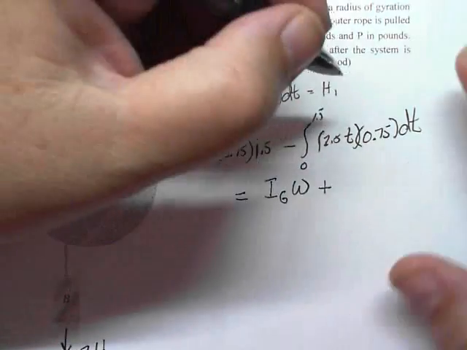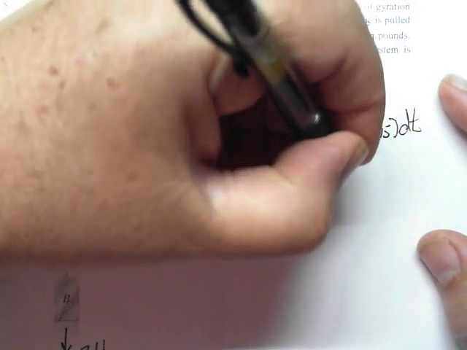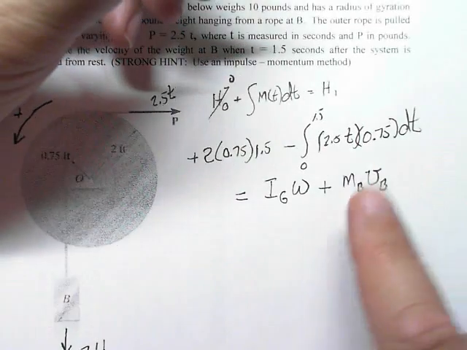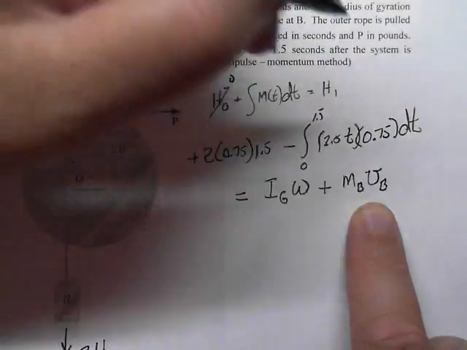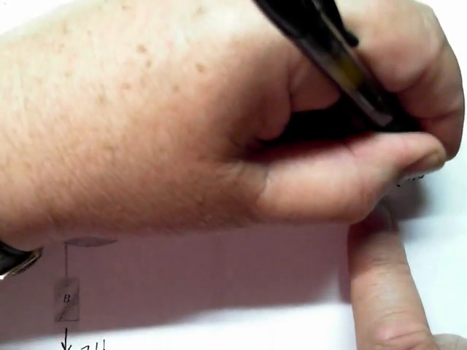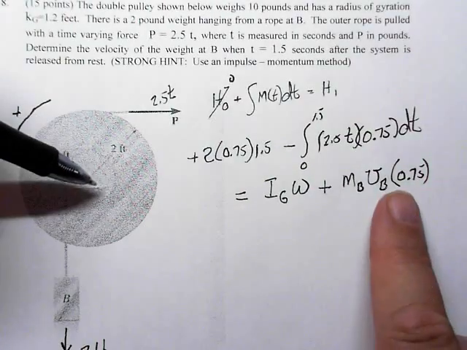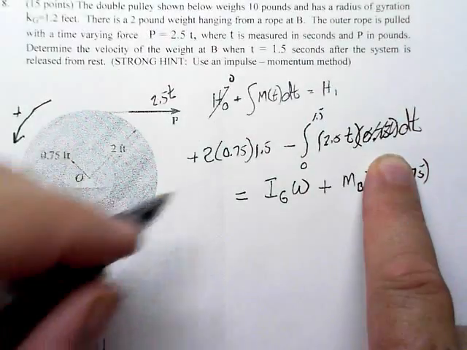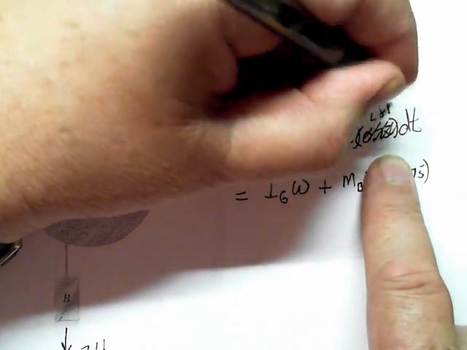So plus the mass of the block times the velocity of the block, that's the linear momentum, and we want the moment of the linear momentum, and that's acting through a distance of 0.75. Let's see, seems like I got one of these distances wrong. Yes, this one's actually acting at a distance of 2 feet.